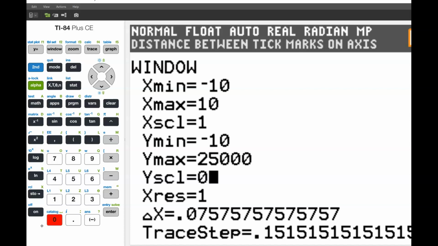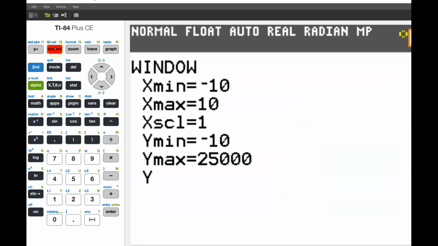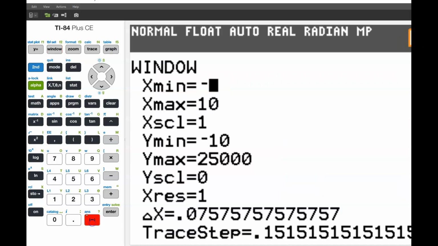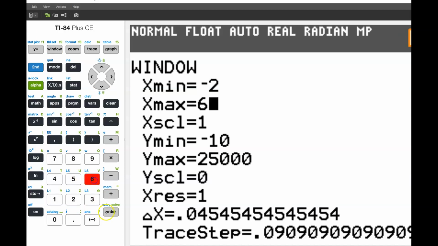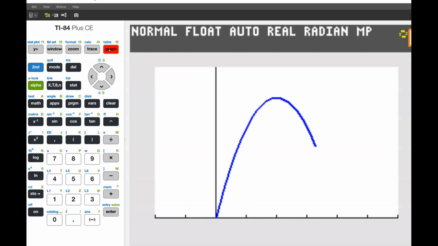And when you have such a big number, it's not going to be able to put tick marks in all 25,000 spots. Okay, let's see how this went for us. Oh, not bad. I'm going to change it a little bit more to get rid of some of the area to the left and maybe even some of the area to the right. Let's see how this looks. There we go, not bad.